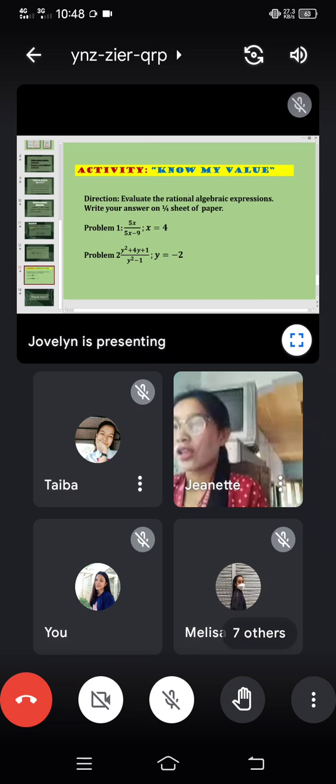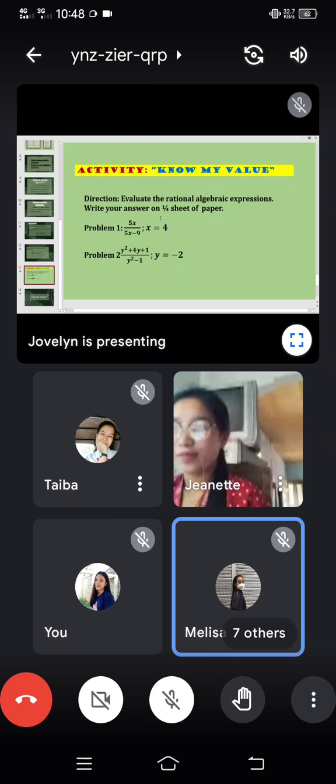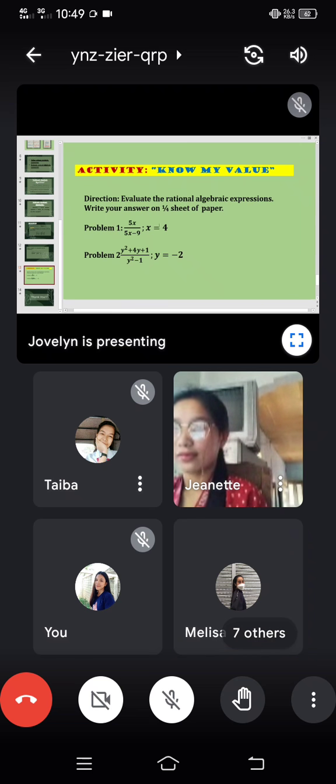So now, to sum up, who can recall the step 1 in evaluating rational algebraic expression? The step 1, ma'am, is replace the variable by the given value.